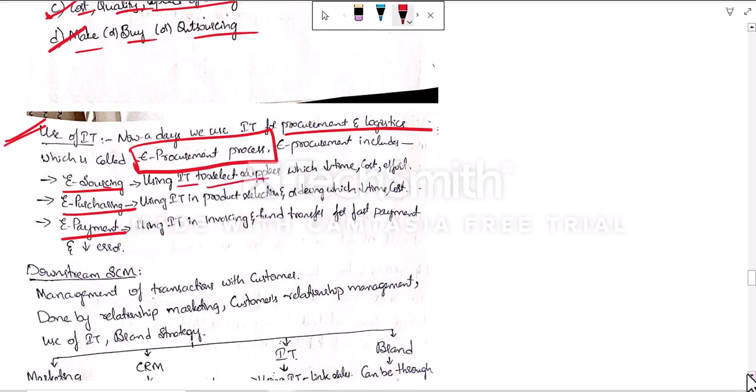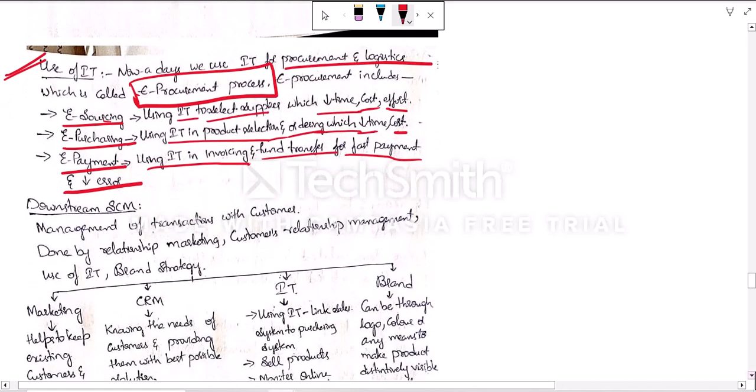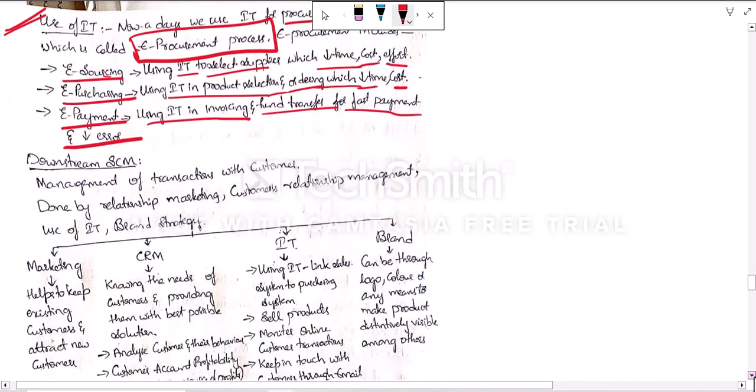Using IT to select the supplier, which reduces the time, cost, and effort. E-purchasing means using IT in product selection and ordering, which reduces the time and cost. E-payment is using IT in invoicing and fund transfer for fast payment and less error. I think you are familiar with these words, so I am not discussing in detail.